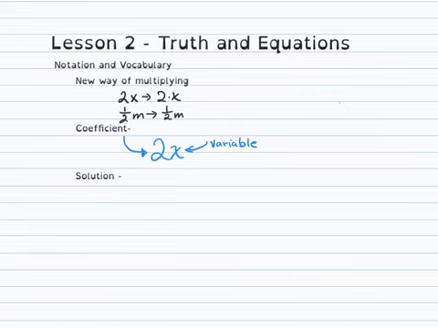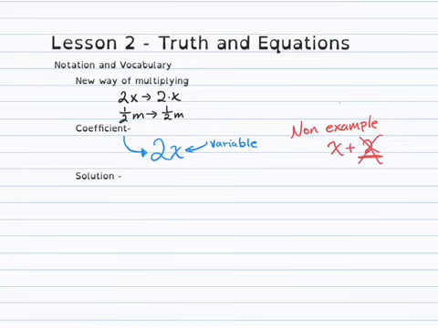Now let's give a couple of non-examples. Some non-examples: if I have x plus 2, this 2 is not a coefficient, because I'm adding it, I'm not multiplying it. This is actually called a constant, but we'll do that later.